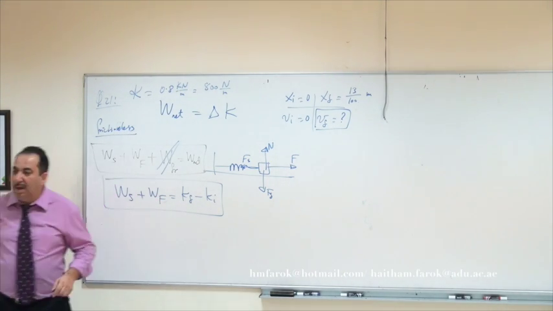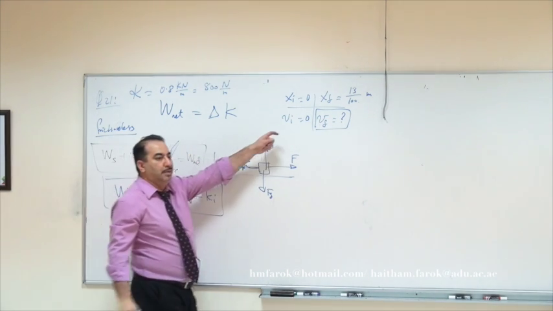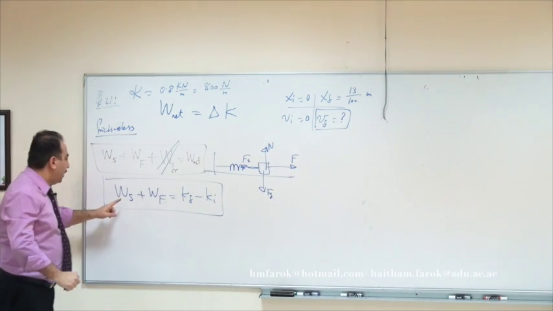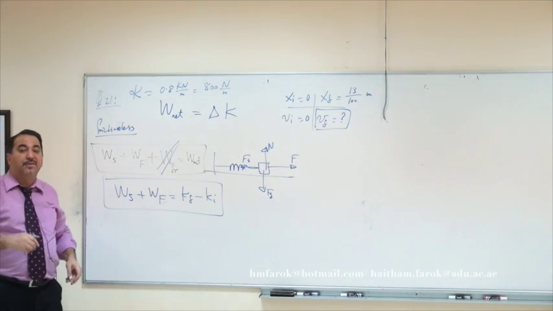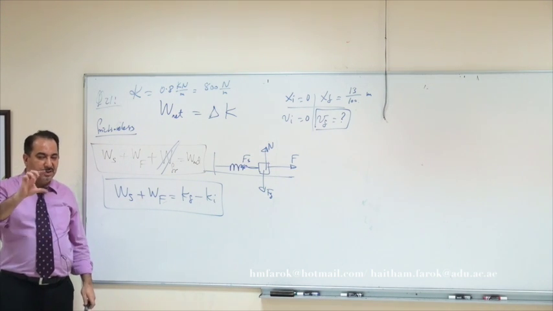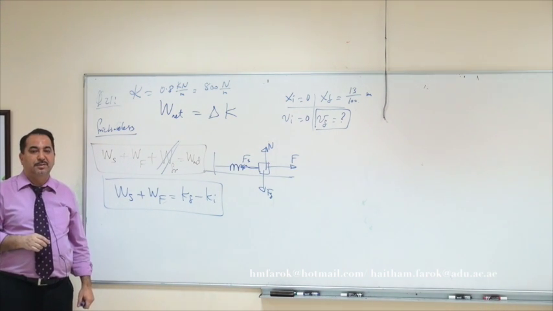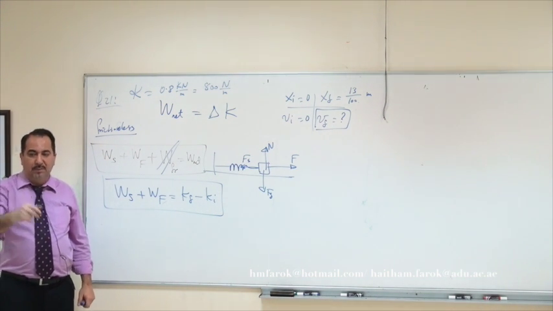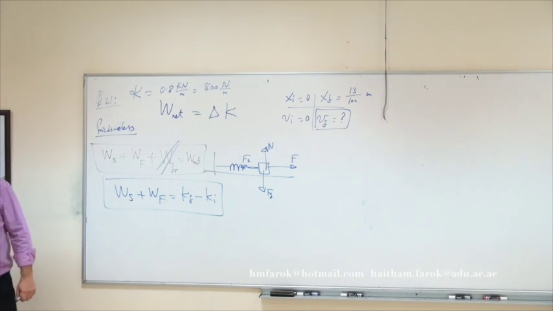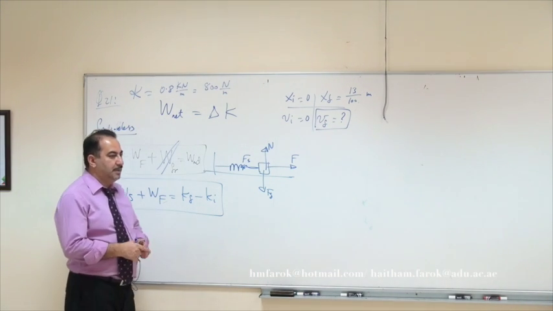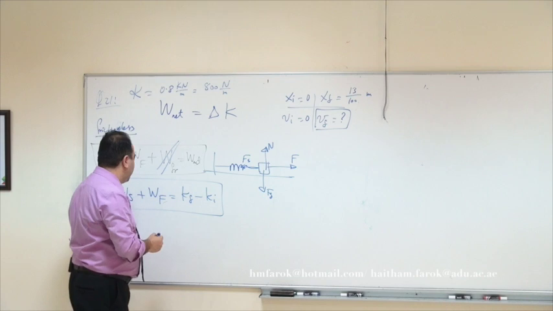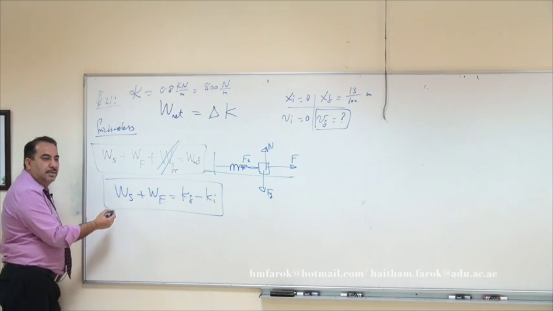Okay. Now, why do we need the table? Look here. How do you calculate W spring? On the formula sheet. Where do you see the Ws? Can you see it? Okay. So tell me, what is Ws?